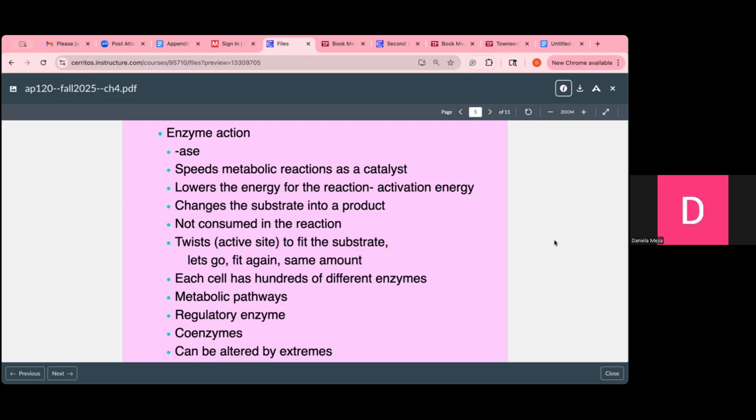I think one of them is temperature. The temperature, right. Temperature will affect enzymes. What else? I think pH. Right. How acidic something is will do it. What else?